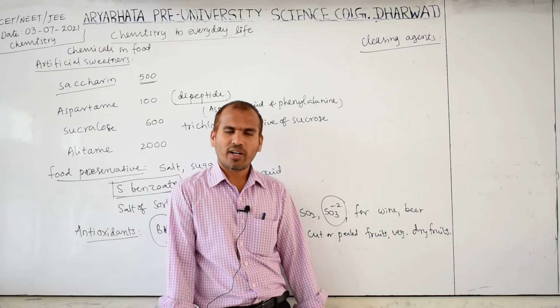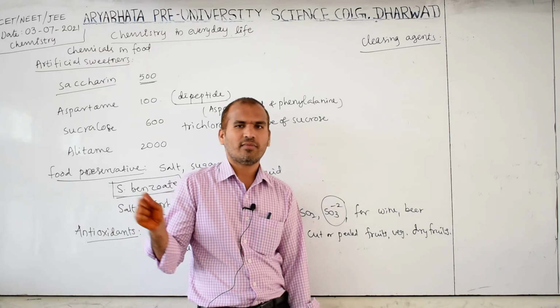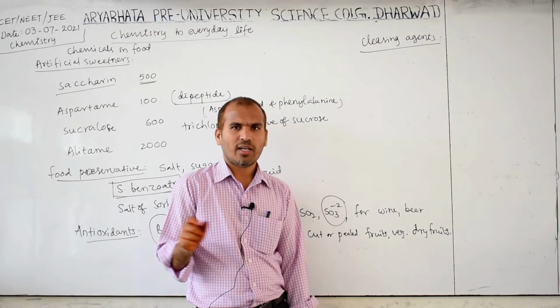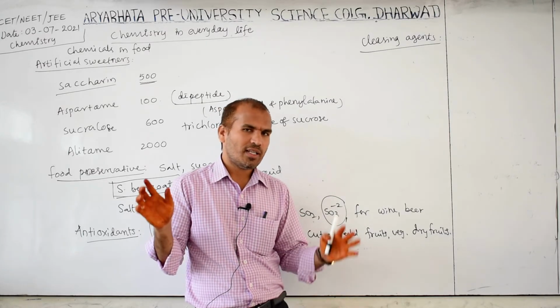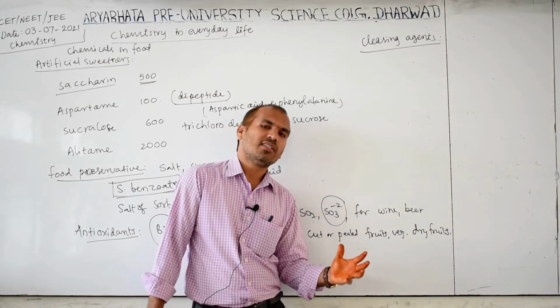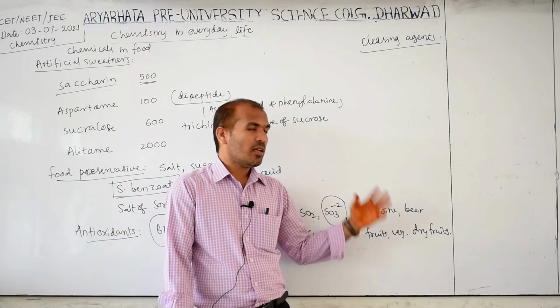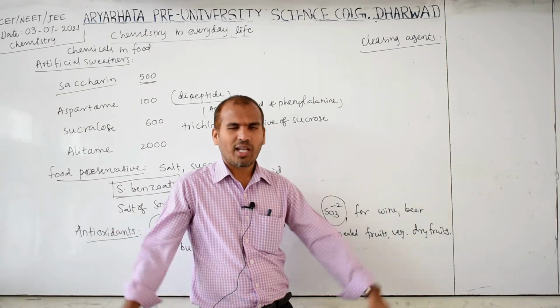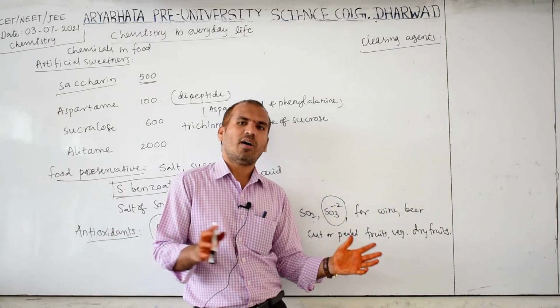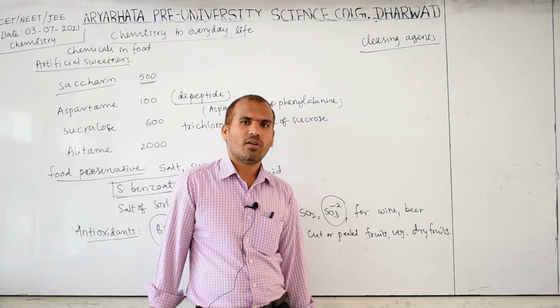What are the long chain fatty acids? You may have studied in biology also: stearic acid, linoleic acid, palmitic acid. These are the long chain fatty acids. Nearly 15, 16, 17, 18 carbons are present in their carbon chain length. Long chain means what? Above nearly 10 to 12 carbons are there.